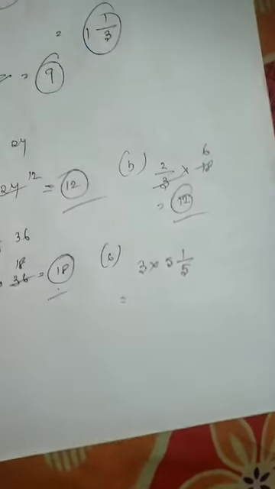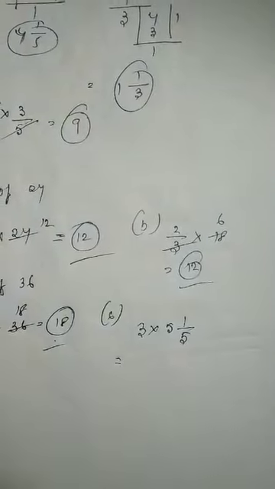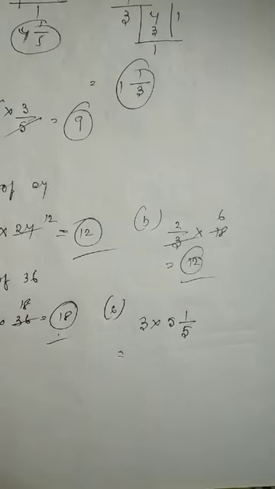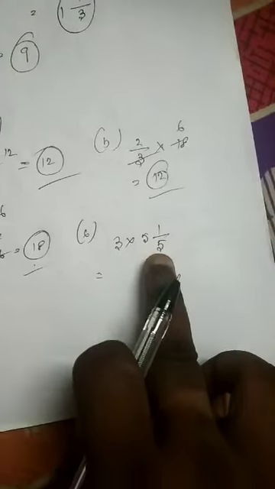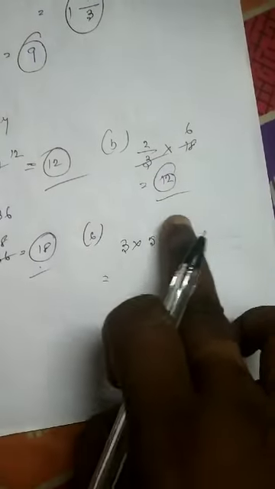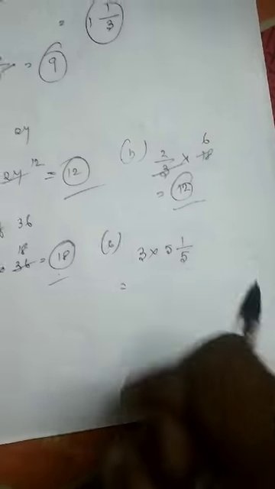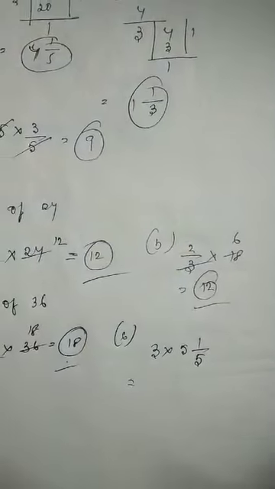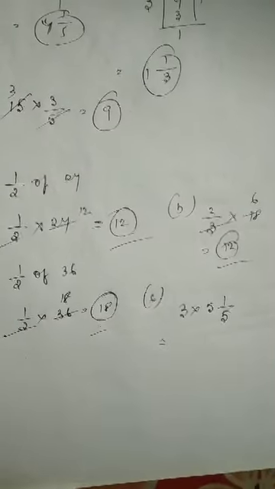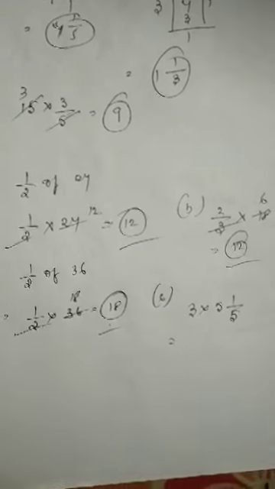Children, the most important part of this question is, before we go for multiplications or cancellations, whatever, we have to convert the mixed fraction into improper fraction first. Throughout my teaching experience, I have seen many children, without converting the mixed fractions into improper fraction, start cancelling.